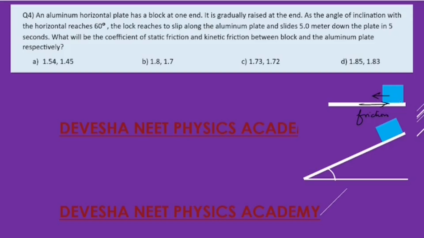But if we tilt it like this, then the body will try to move downwards, though there will be a friction force acting on the body. Friction will still act in this direction, but the body will not be able to move forward. It will be prevented from motion by the friction.